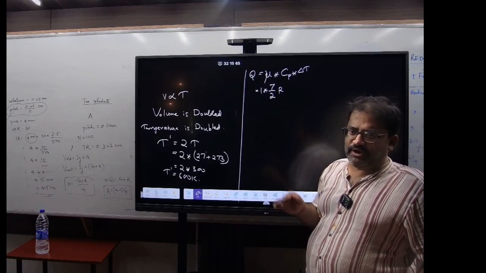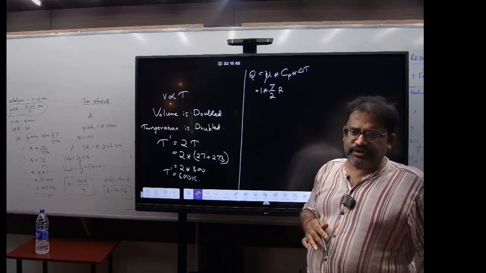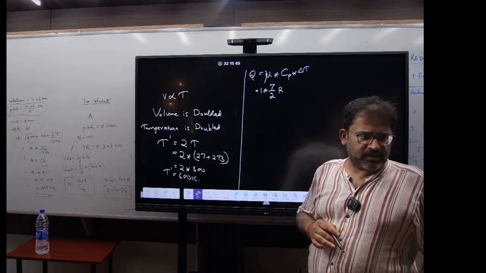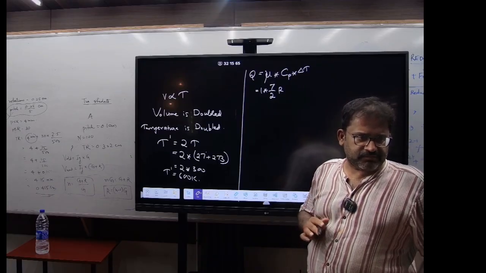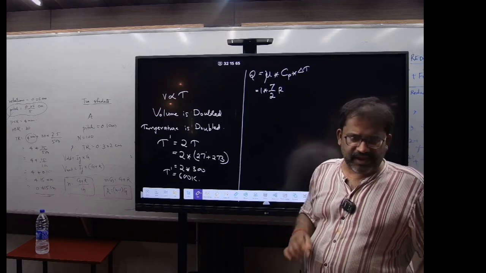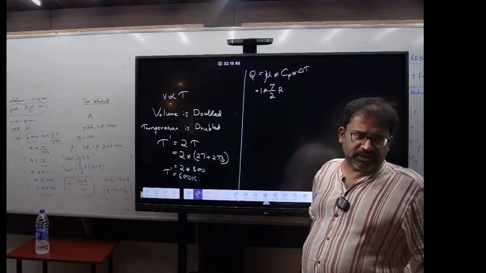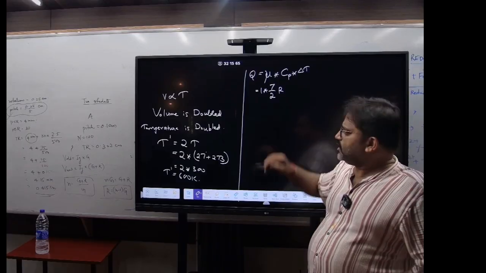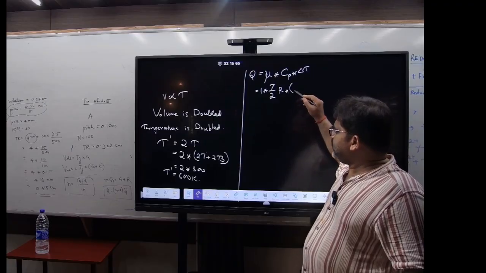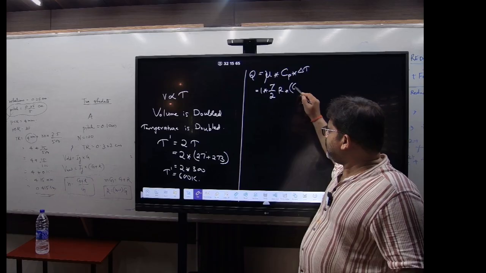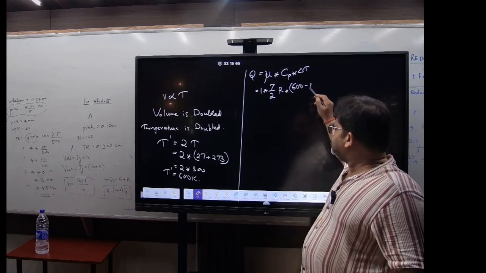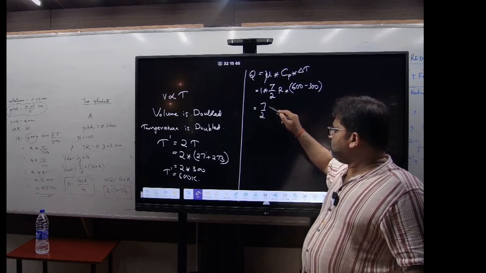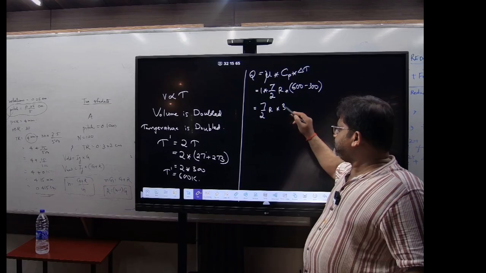This is because the considered gaseous substance is O2, which is a diatomic gas. And since it is a diatomic gas, specific heat at constant pressure is 7 by 2 R, into the change in temperature, that is 600 Kelvin minus 300 Kelvin. So that is 7 by 2 R into 300.